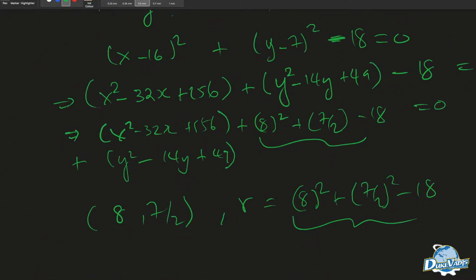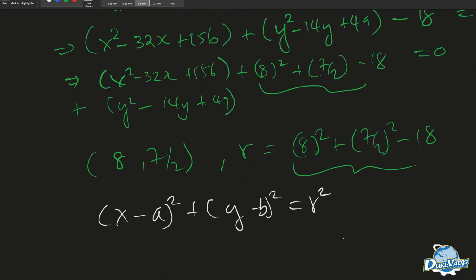For sure, we know that if we have our equation x minus a squared plus y minus b squared equals r squared, now let's try and expand this.